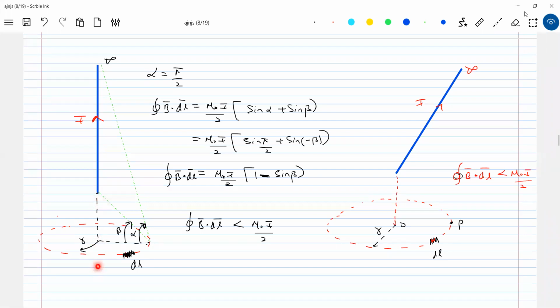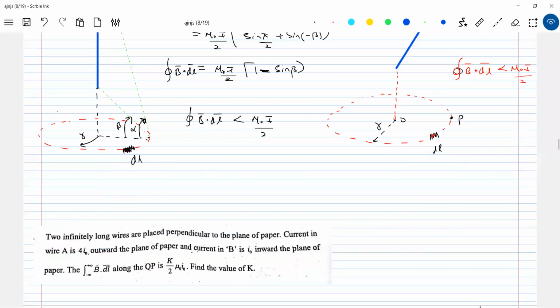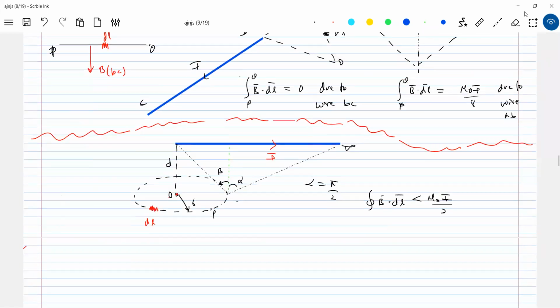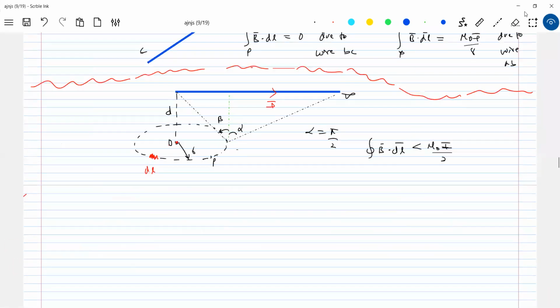I think current encircled means, again, don't think that a wire should pass through it. There's no technical way of concluding like that here. Even if this is open, it is enclosing some current. So stick on to that and analyze here. So it will be less than mu naught I by 2.